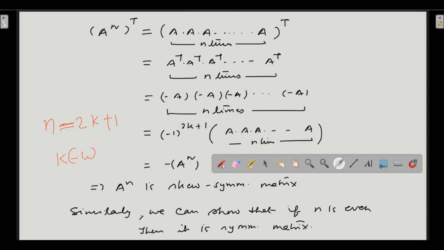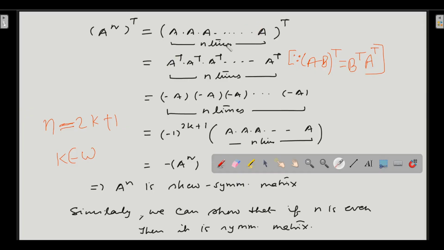Now we already know that AB transpose is equal to B transpose A transpose. This property we already know. So by applying this property, the last A will become A transpose and come in the front.